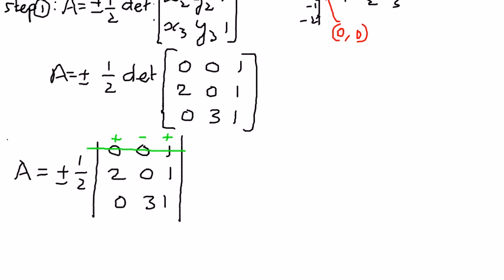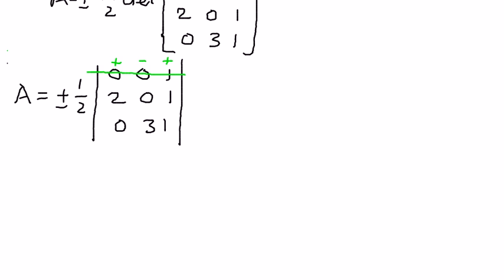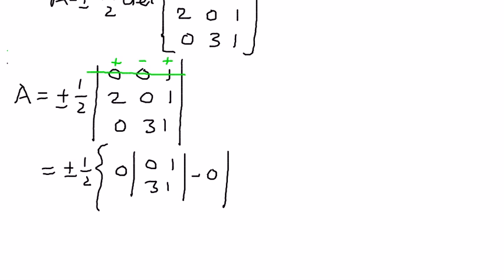So if we were to expand this information, this is how we're going to have it: plus or minus 1/2 of, I'm going to put a bracket like that, and then we have 0, and the minor of that element is 0, 1, 3, 1, and then the second element along the row is negative 0, and the minor of that element is 2, 1, 0, 1, this is a 1, and then we have plus 1, the minor of that element is 2, 0, 0, 3.